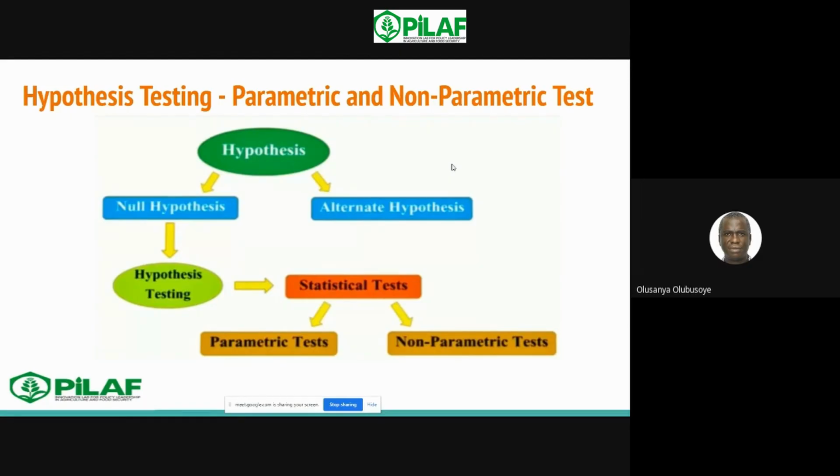The null hypothesis is the hypothesis that you specify when you know the existing situation, or maybe from literature, it's simply the hypothesis that you specify as the claim, and the alternative is the one that is against the claim.